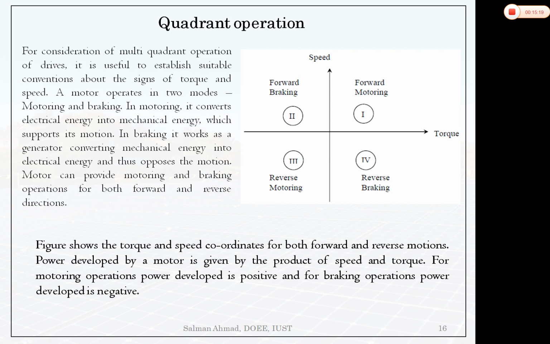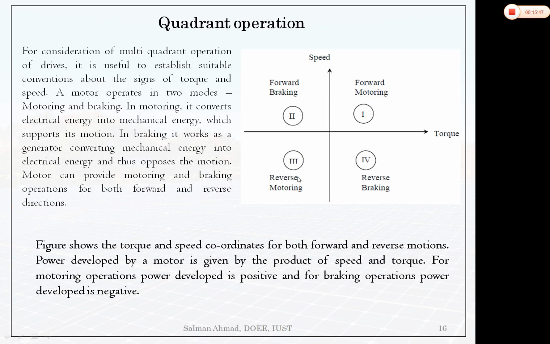But speed is still positive, so we call it forward. This is forward braking operation. Whenever torque and speed are in opposite directions, we call it braking operation. If speed is positive, we call it forward; if speed is negative, we call it reverse. So the second quadrant is forward braking operation.